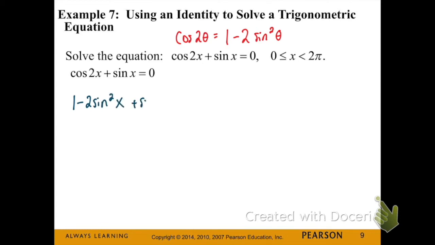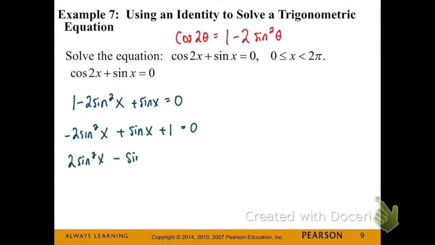So I'm replacing cosine 2x with 1 minus 2 sine squared of x. I'm rearranging my terms so that I can factor. Need to put this in standard form. Changing all of my signs so that my a value is positive. And then factoring.